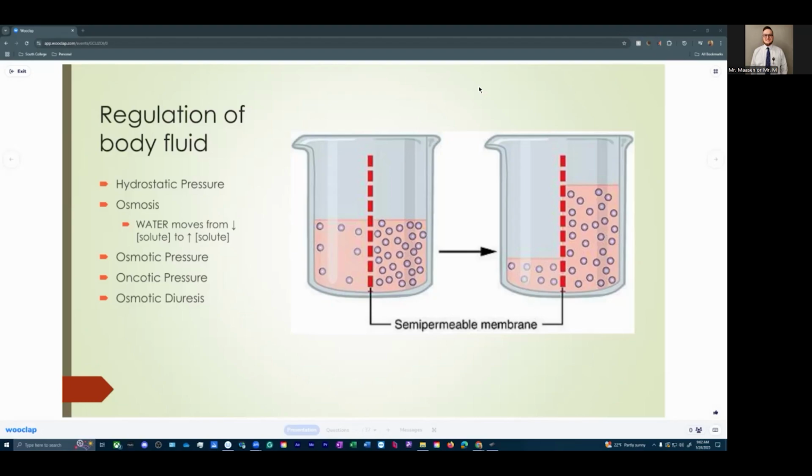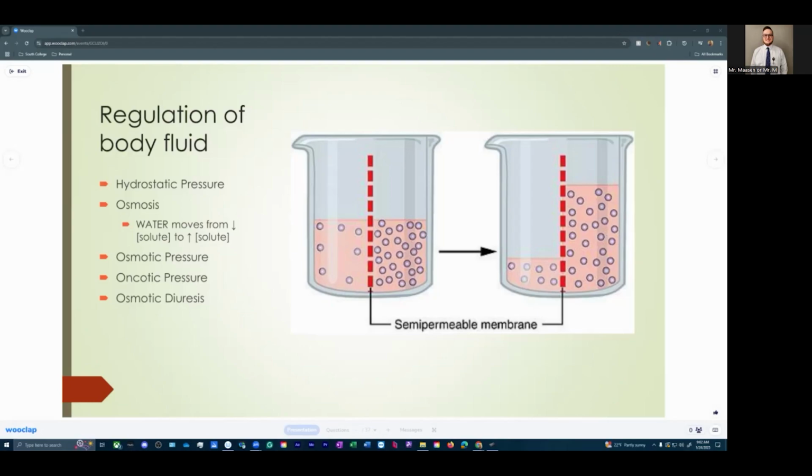Some of the other terms on this slide talked about in your book: oncotic pressure is basically a type of osmotic pressure. There are two forces always in play here. We talk about blood vessels, and we have a slide that talks about it.